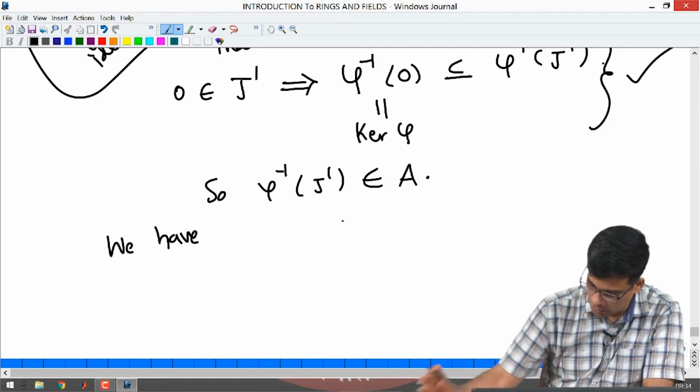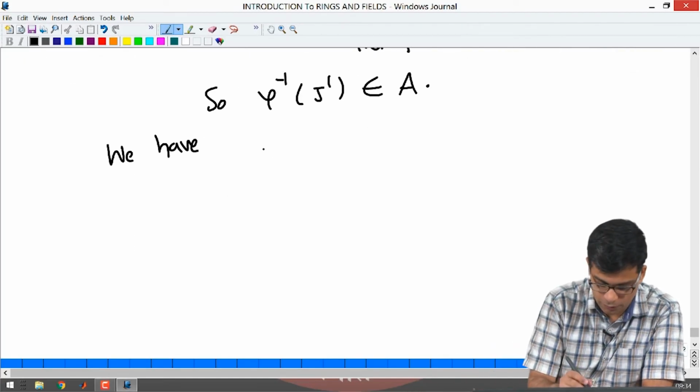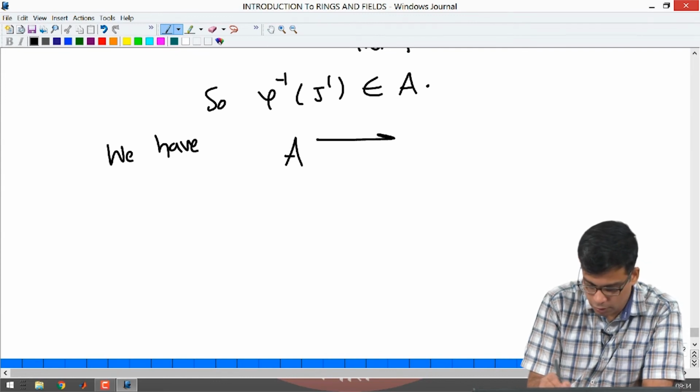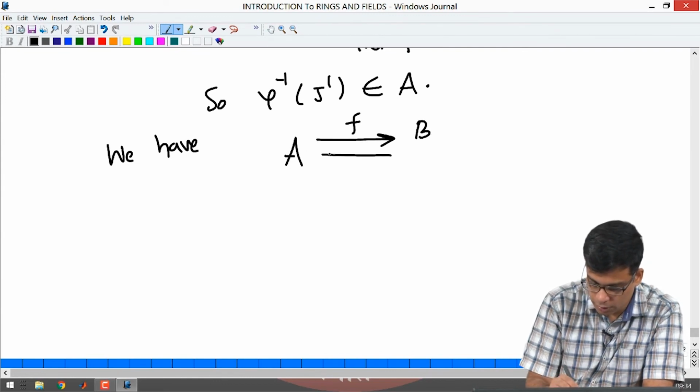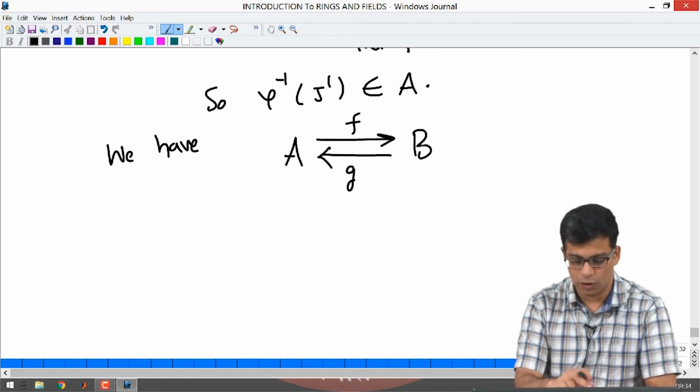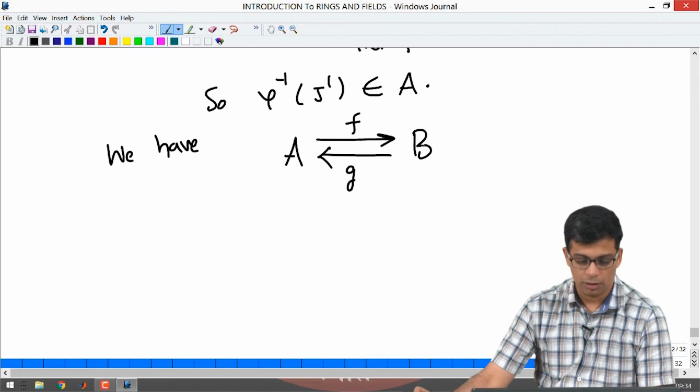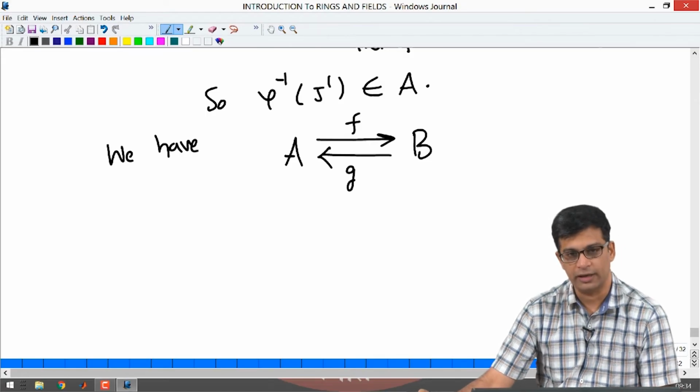So, now we have functions. I will write it like this: f goes from A to B, g goes from B to A. Now, how do we show that they are bijective?